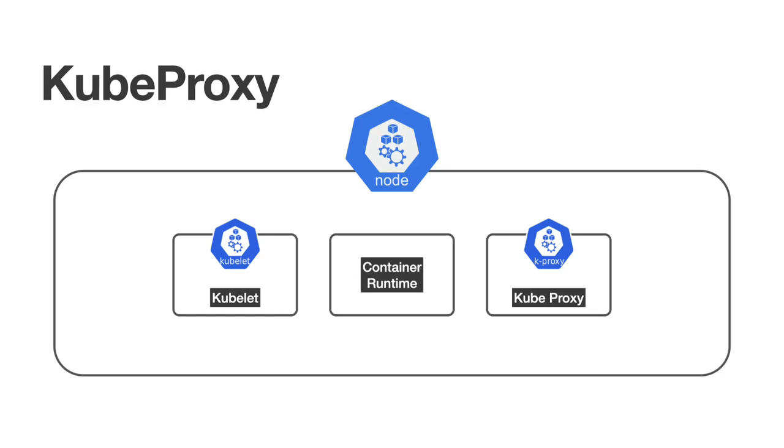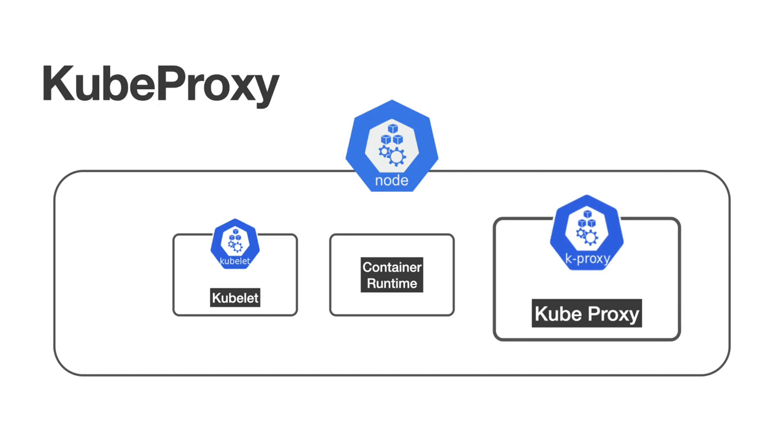The last piece of the puzzle that I want to talk to you about when it comes to service discovery is kube-proxy. Early in this course, when we learned about the Kubernetes architecture, you saw that each node has three components: the kubelet, container runtime, and kube-proxy. Let's focus on kube-proxy because this fits in with this section.